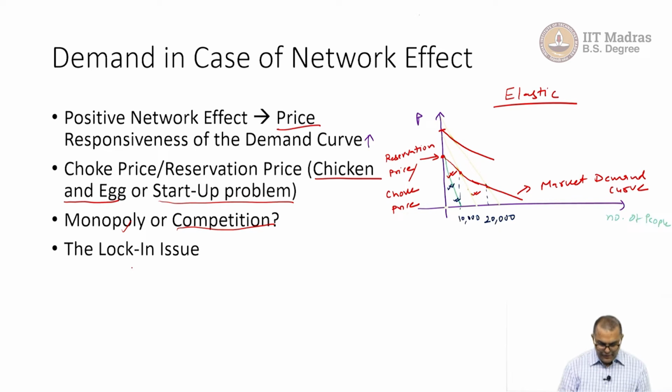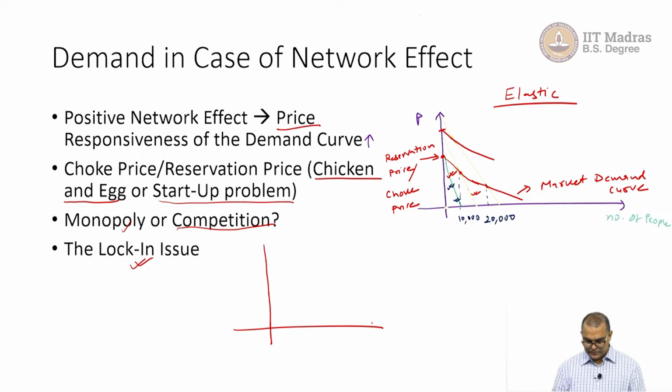Because of network effect, we also have lock-in issue. Let us say that what we have here is two kind of technology, and both have network effect. The first technology, let us say here is number and here is payout on person term.